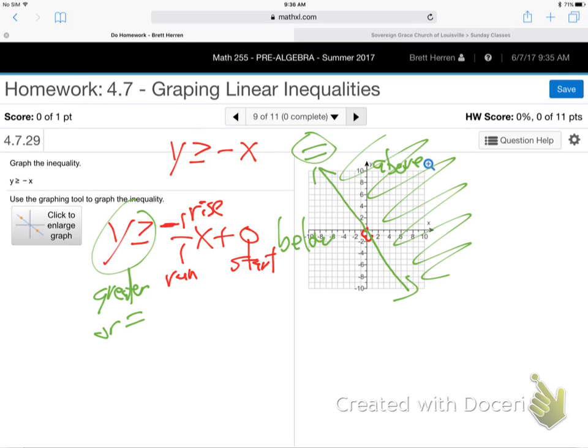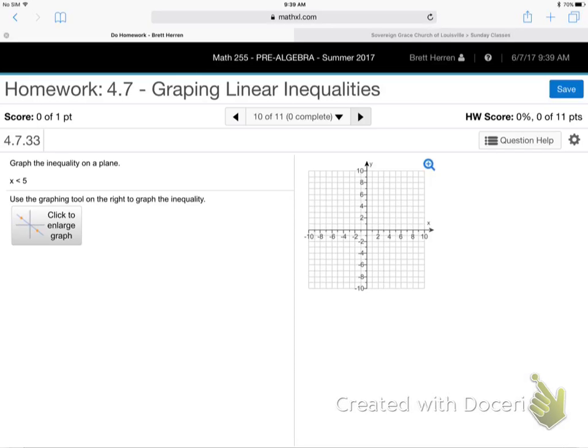Shade greater. We good? Questions on that? It's getting easy now. You can do these in your sleep. All right, try that one. See what you can do to graph that.